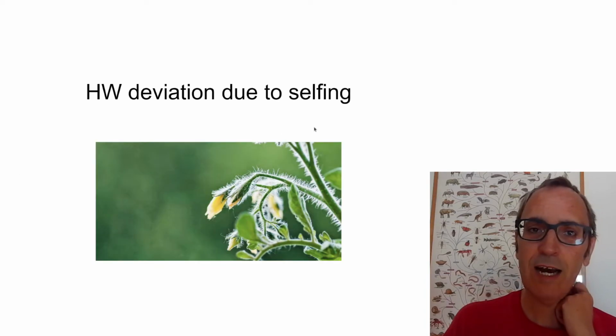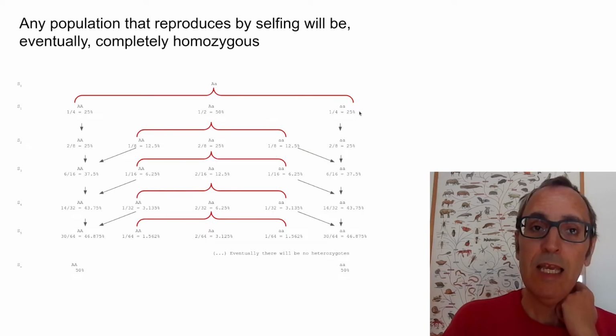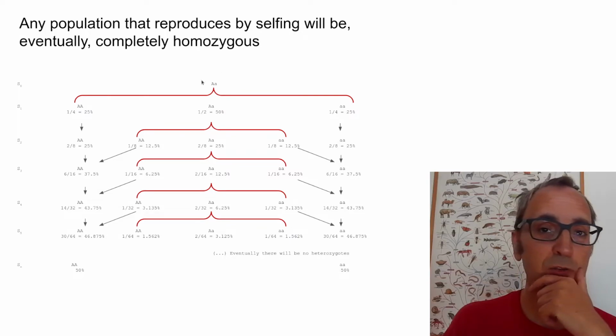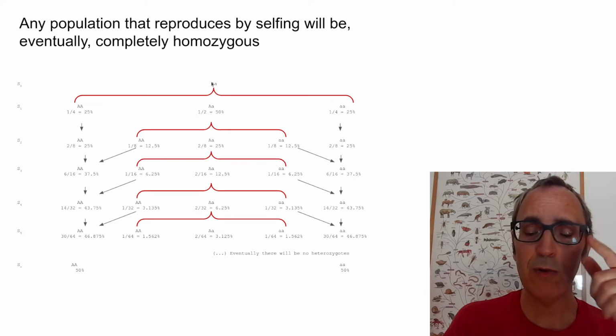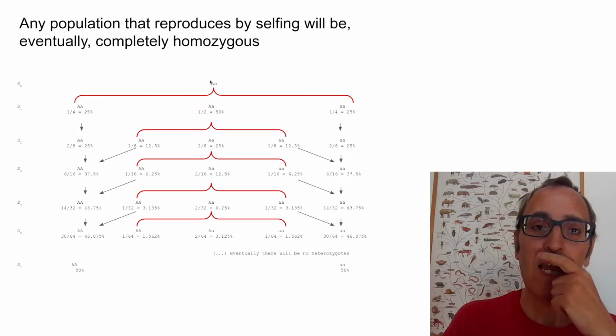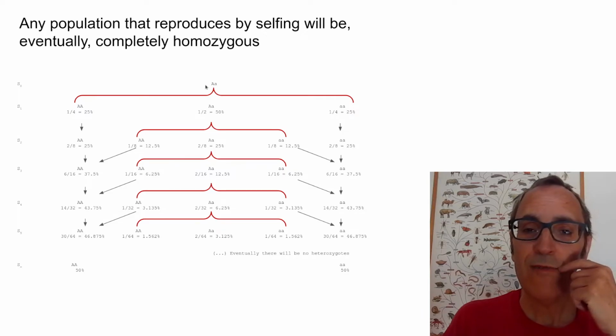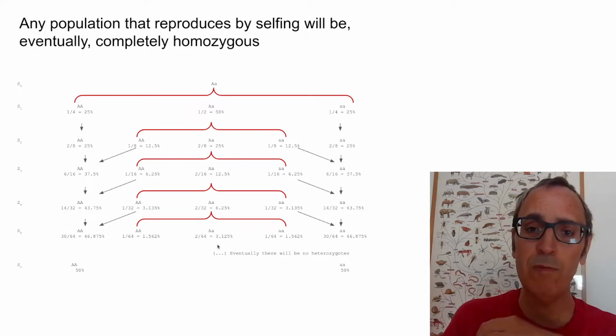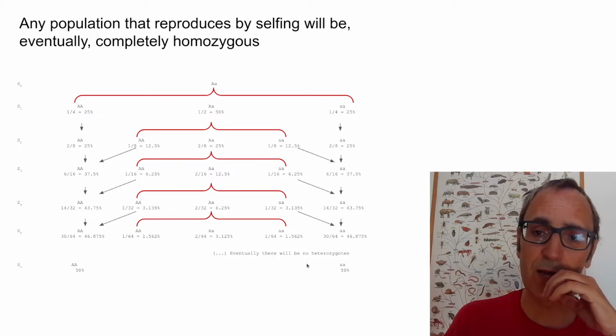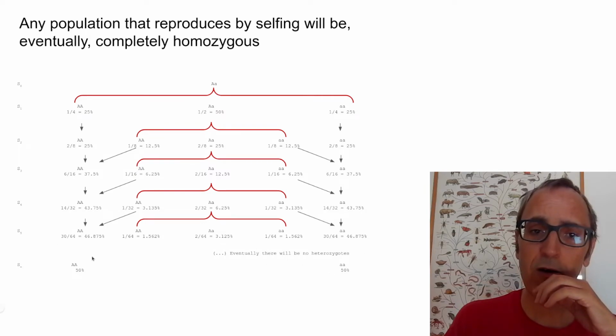Also, there's a Hardy-Weinberg deviation when you have selfing. Imagine that you start with a population that has only heterozygous individuals. If you self that population, if you reproduce each individual with itself, with time you will have less and less heterozygous individuals, and at the end you will have a complete lack of heterozygosity. There will be 0 heterozygous individuals, and all individuals will be homozygous.